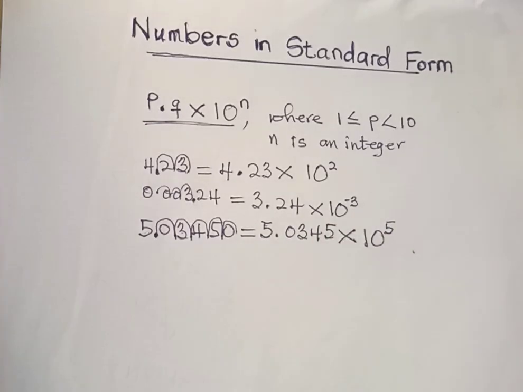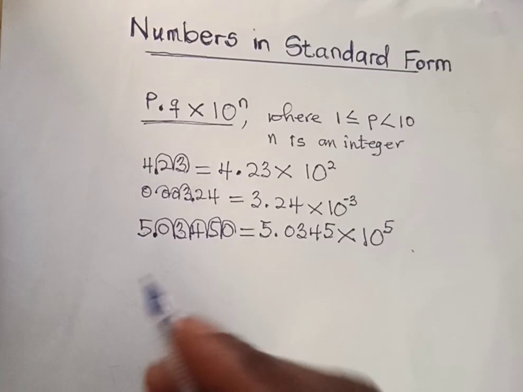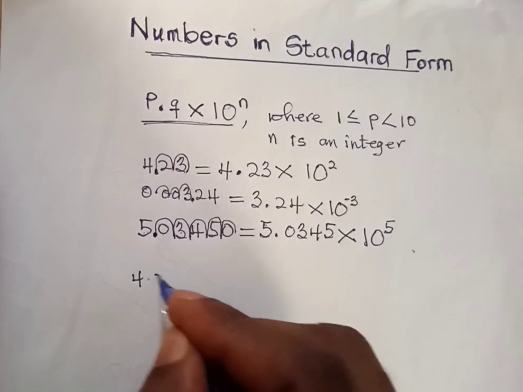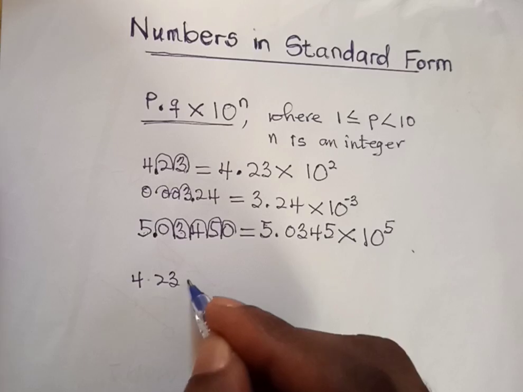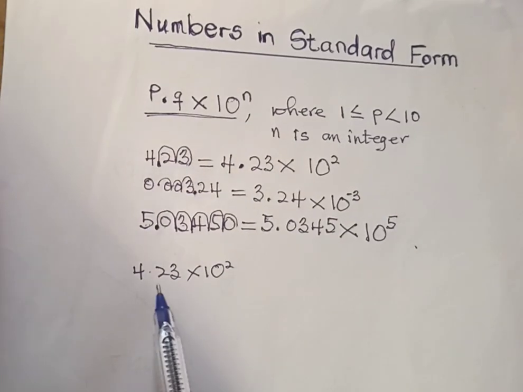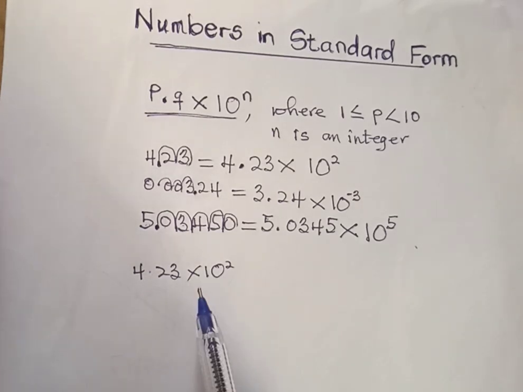First we changed from numbers to standard form. Now this time we are going to change from standard form to raw numbers or numerals. So I will use the same example. So let's say we have this 4. Good. Now you have this and you are asked to change this to numbers or numerals. How are you going to do this?